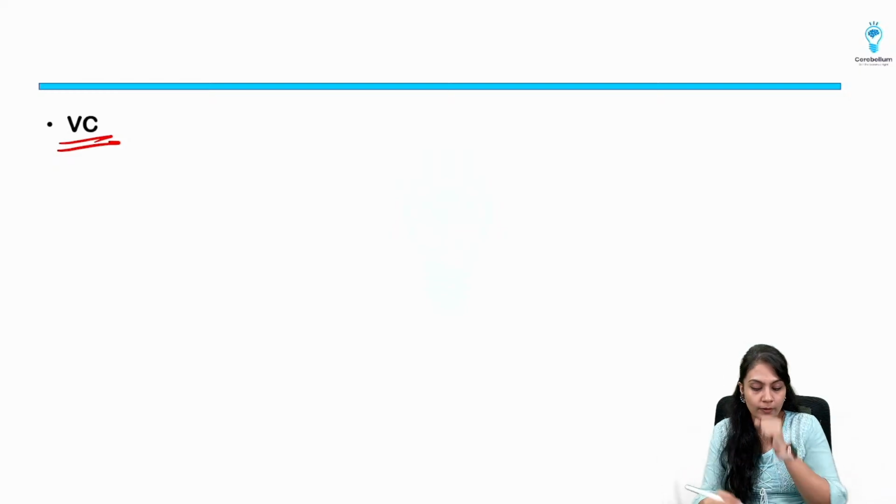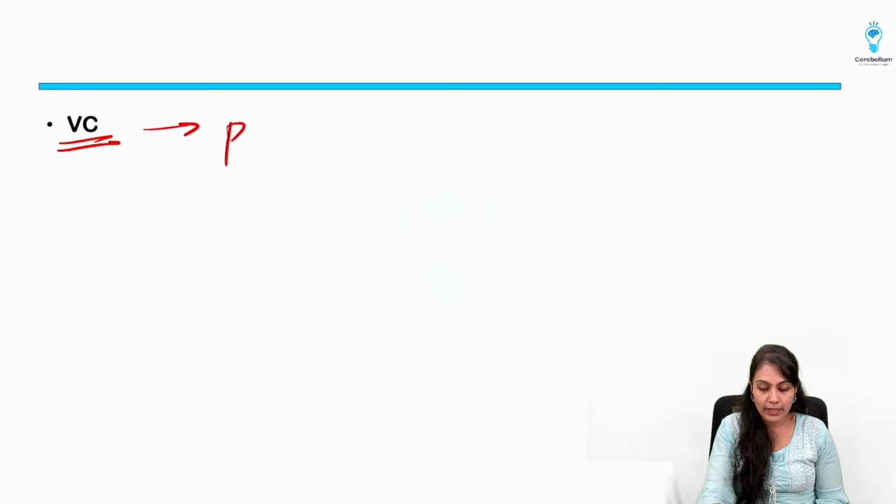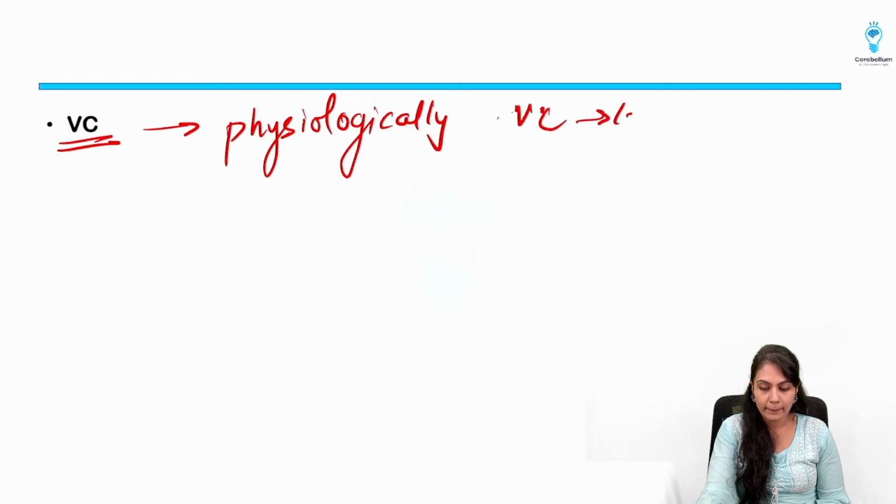So can you tell me in which condition physiologically the vital capacity is less? I'm talking about physiological first. Pathologically, in many conditions it is going to be less, but physiologically the VC is less in many conditions. Tell me what are the conditions in which the VC is going to be less.